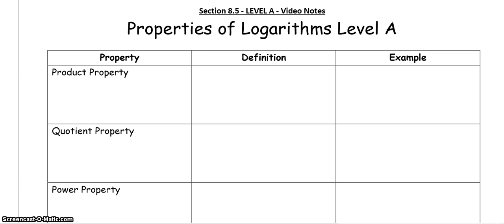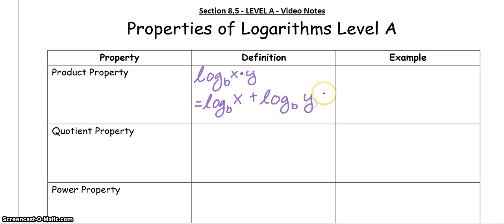The definition for this property is that if we have log base b of x times y, that is the same thing as log base b of x plus log base b of y.